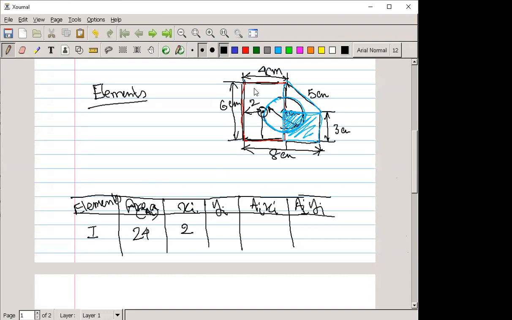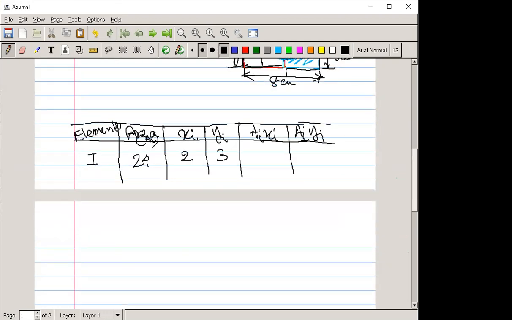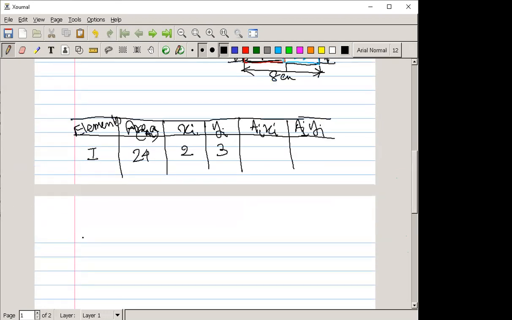And for y, the total is 6, so dividing by the middle, that is 3. Similarly, area 2. For element 2, what is the area?